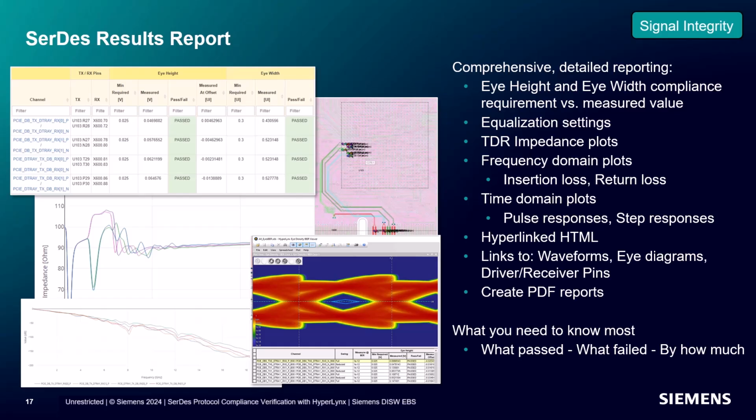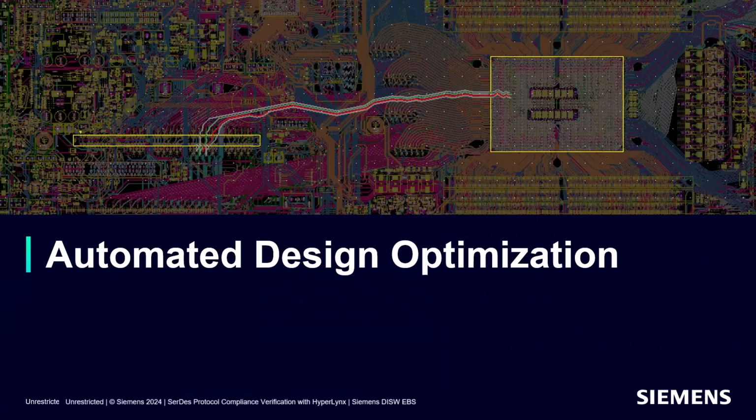The report provides additional information on driver and receiver pins for each net, as well as the ability to generate PDF reports. Most importantly, you know which nets passed, which nets failed, and by how much.